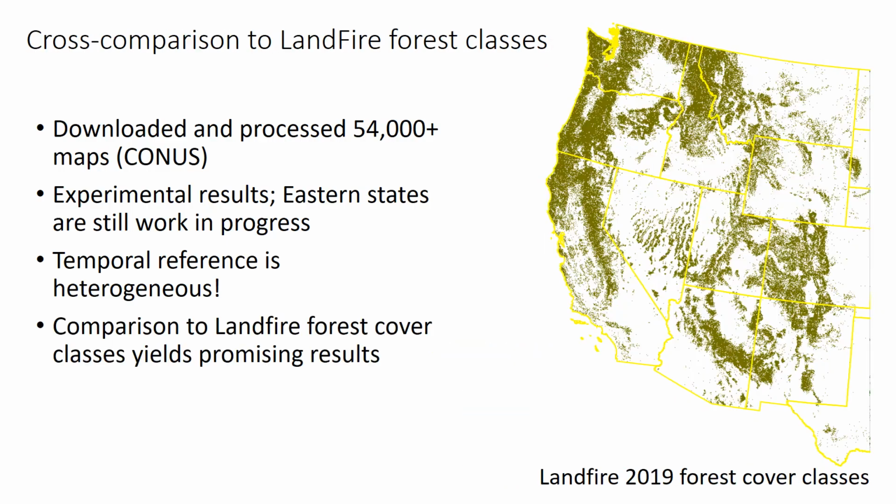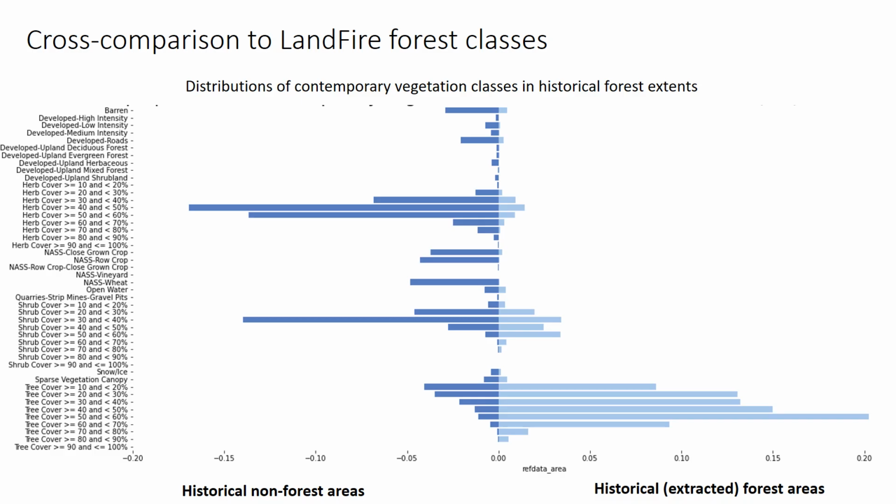What we did was compare these extracted forest areas to contemporary LANDFIRE forest cover classes or vegetation classes, which are derived from Landsat data. We cross-tabulate the areas of the historical forest that we extracted to the right and how they correspond to the vegetation classes from LANDFIRE.